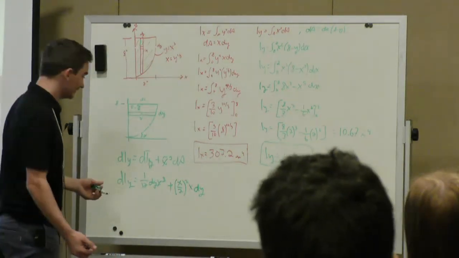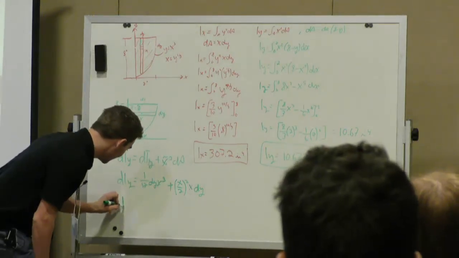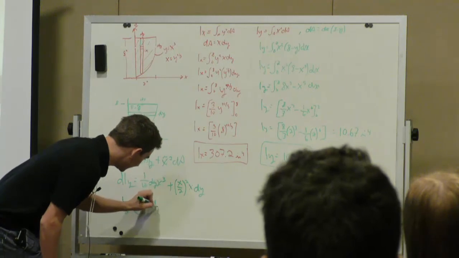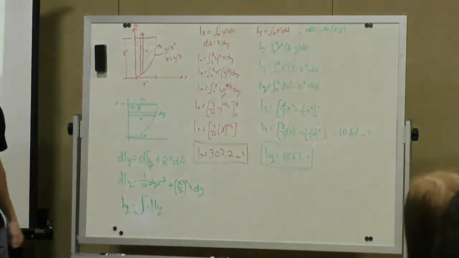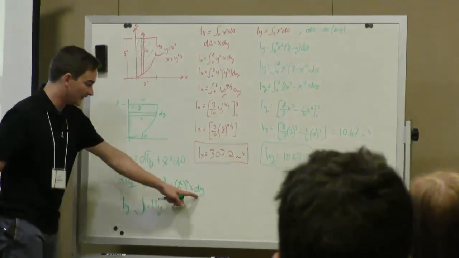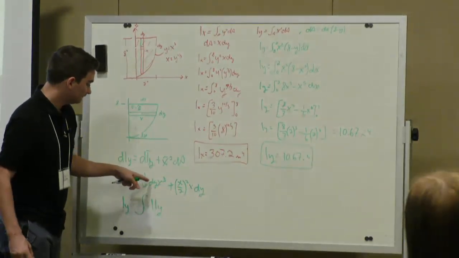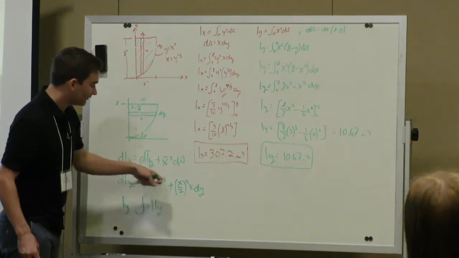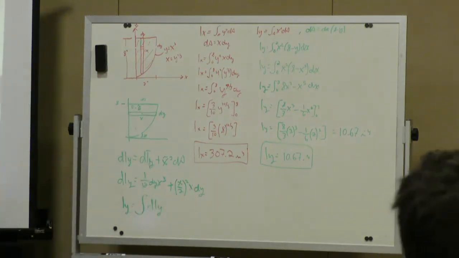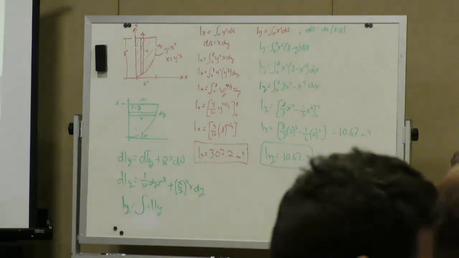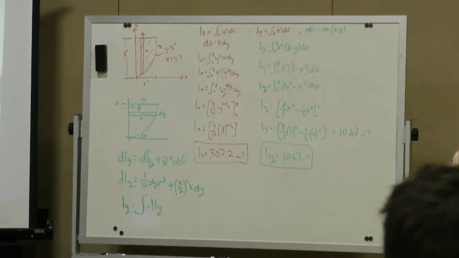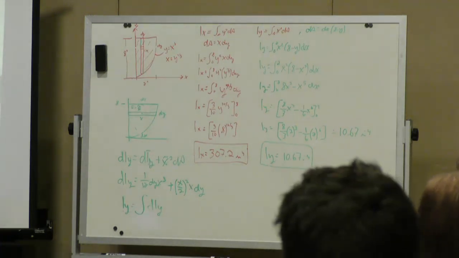We won't finish it out, but then your Iy is equal to the integral of dIy. You would plug this whole term into your integral, and depending on what you're integrating with respect to, you'd plug in those particular bounds. If for some reason you want to choose that, it's useful to know, in case you have tricky integration on the test, you could resort to this, and it may ease that.